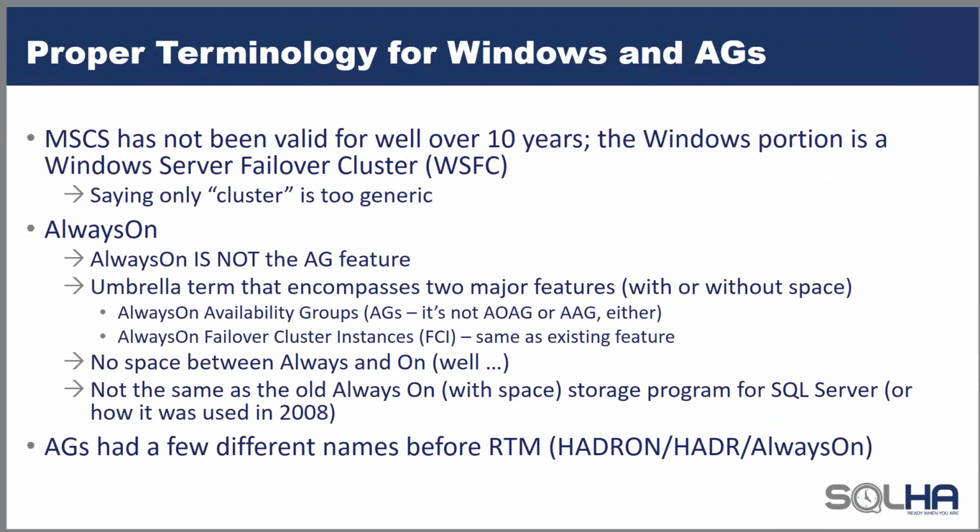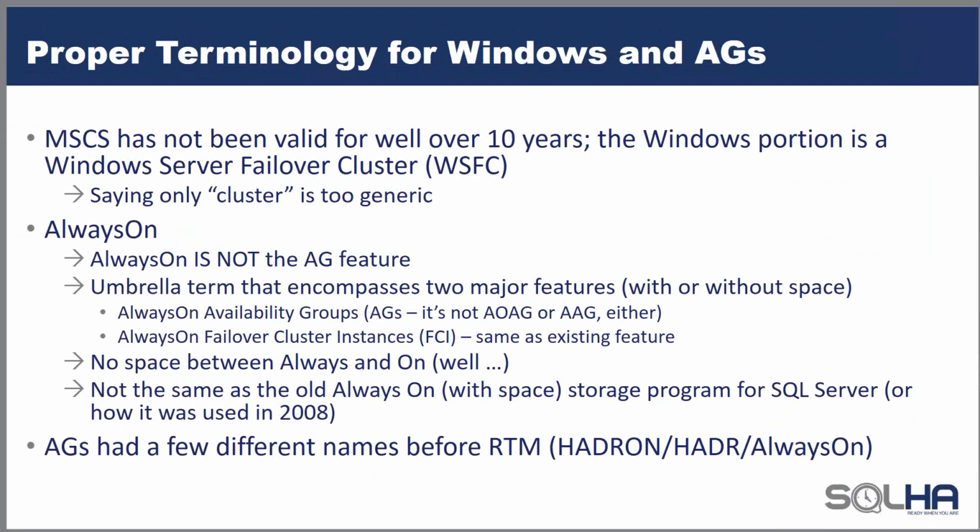Now, Always On, the big thing is that it's not the availability groups feature. Always On is a marketing term that encompasses both the AG feature and the clustered instance, or FCI, feature. So the proper names are Always On availability groups and Always On failover cluster instance.